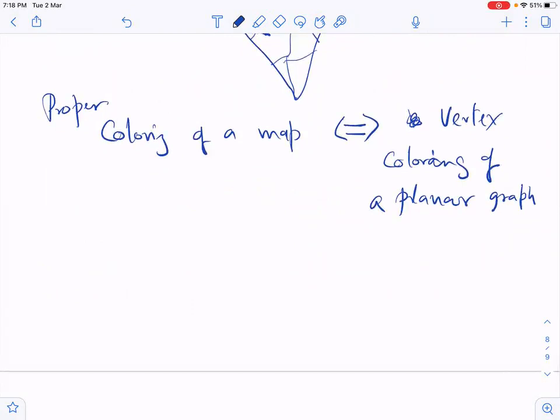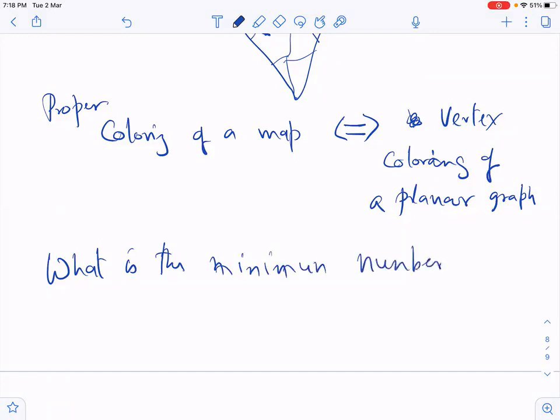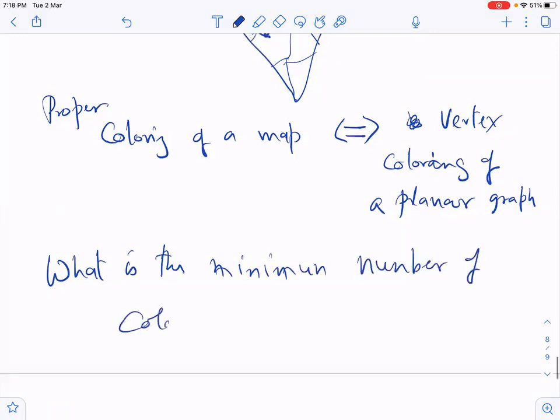Now the question is: what is the minimum number of colors required to color a planar graph?